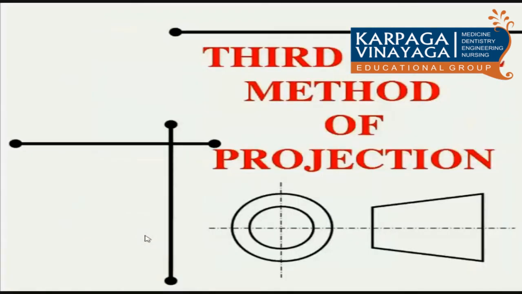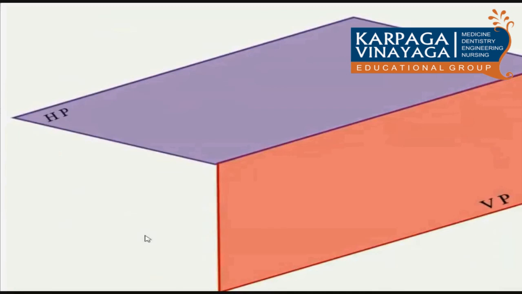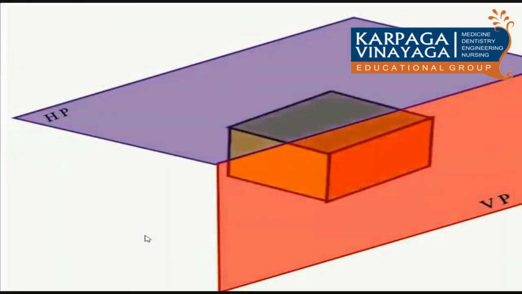Then the third angle method of projection, which is the third quadrant. The object is kept in the third quadrant, viewed from the right side. There is a front view. The object is below HP and behind VP. When viewing from the front, only the front view is visible on VP. The front view is projected on VP and the top view is projected on the HP plane.